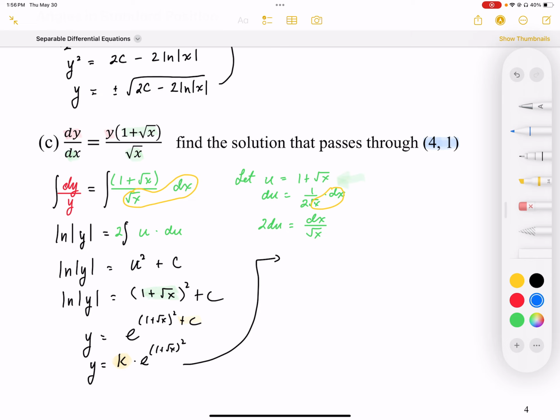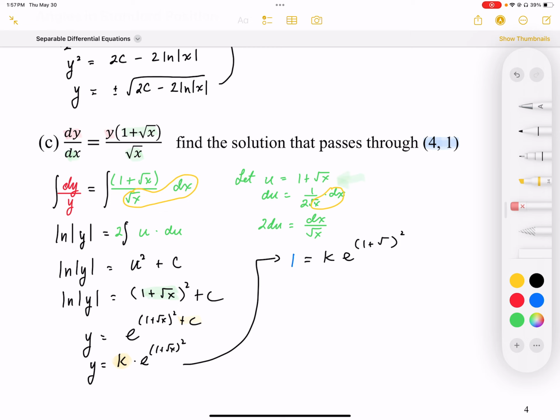Okay, so at this point, I'm going to plug in my y and x. So 1 is y, equal to k e to the 1 plus square root 4, where 4 is my x, squared. Just going to color code that.